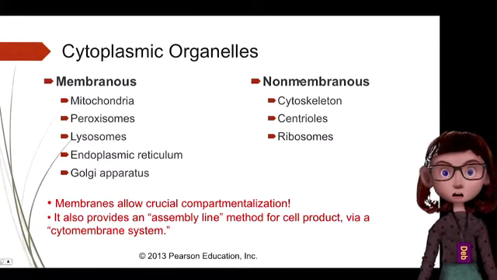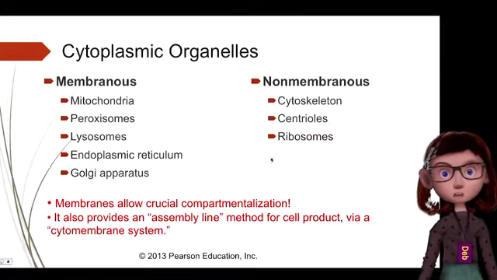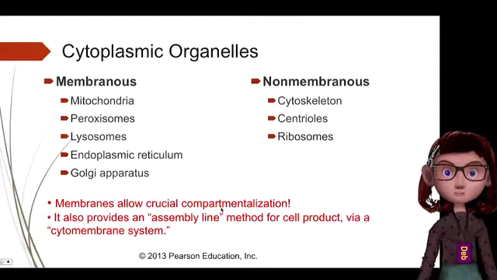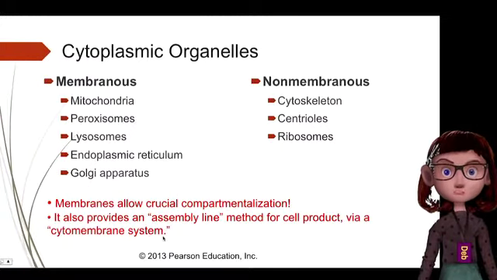The non-membranous cytoplasmic organelles include the cytoskeleton that gives the cell its structure, centrioles, and ribosomes. So membranes allow crucial compartmentalization, and it's also going to provide what we may think of as an assembly line method for cell product via this cytomembrane system that I just mentioned.